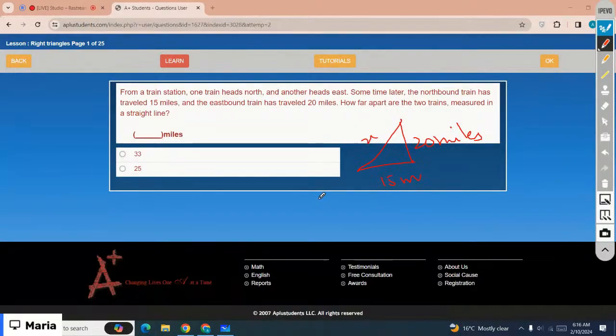The Pythagorean theorem is: the sum of squares of the other two sides is equal to the square of the hypotenuse. So x squared equals 20 squared plus 15 squared. 15 squared is 225 and 20 squared is 400. So 400 plus 225 equals 625, and taking the square root of both sides, x equals 25.